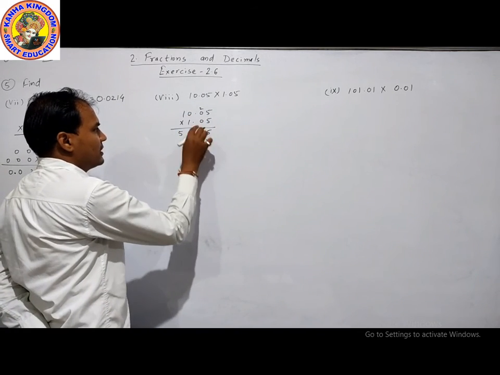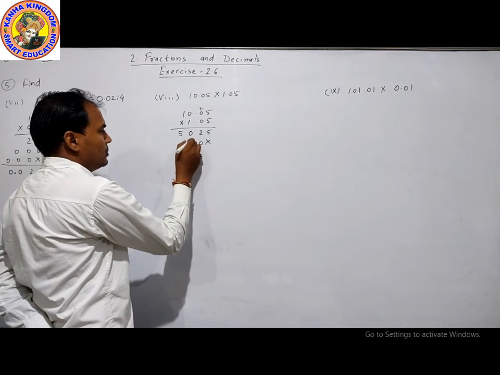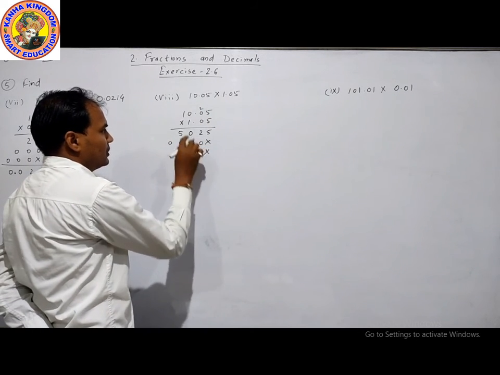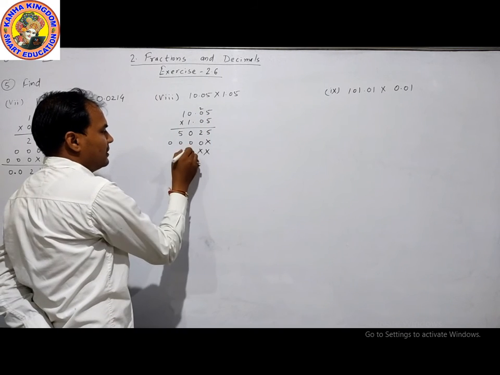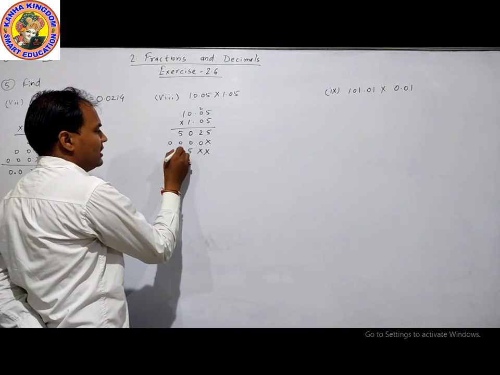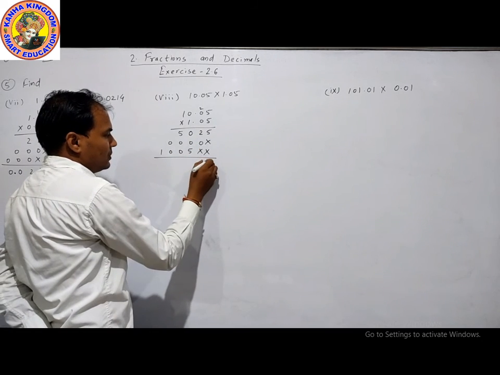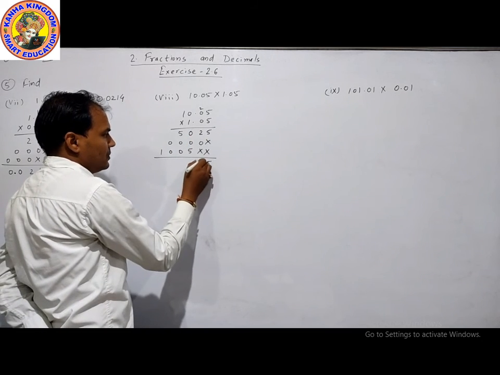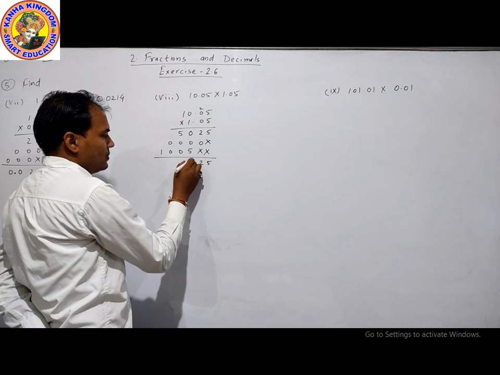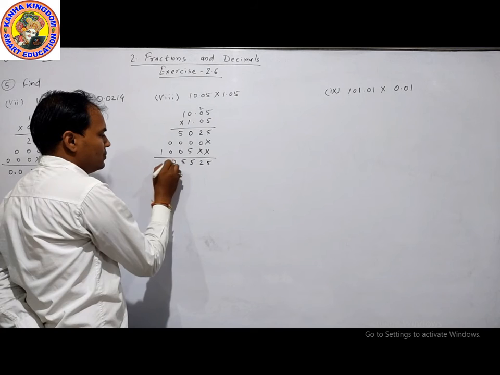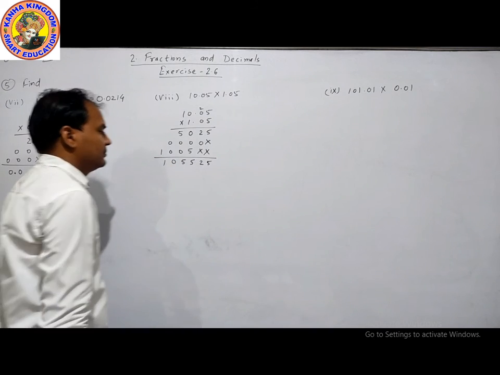Next is 0, then 1 multiplied, giving 5, 5, 0 and 1.